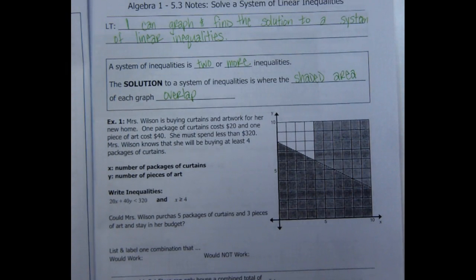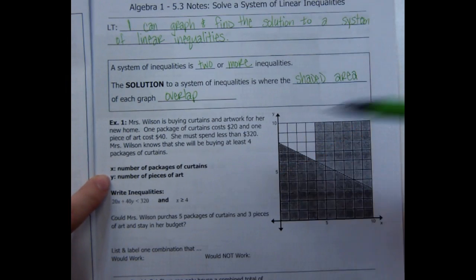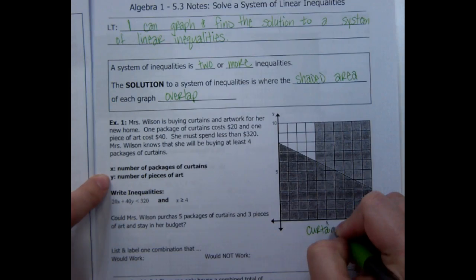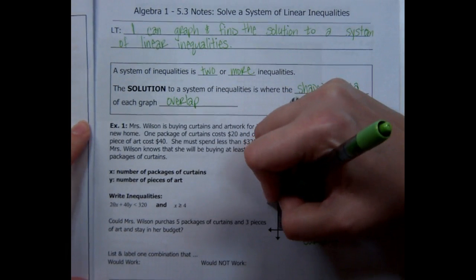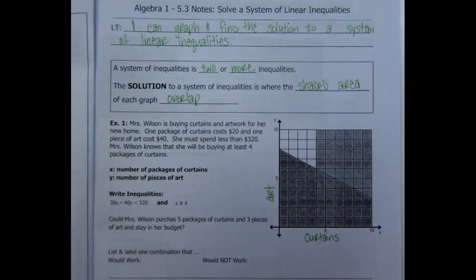So here are our two inequalities. We use X to be the number of curtains and Y to be the pieces of artwork. So let me label that here. X is curtains. Y is our art. So if we're going to spend $20 for each curtain, 20 is that X slope basically.